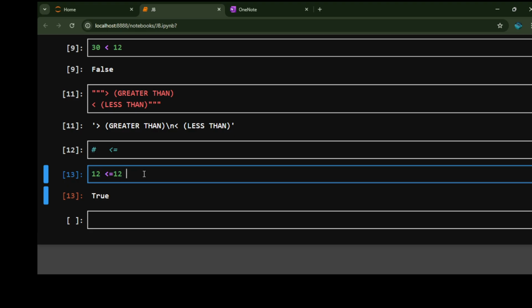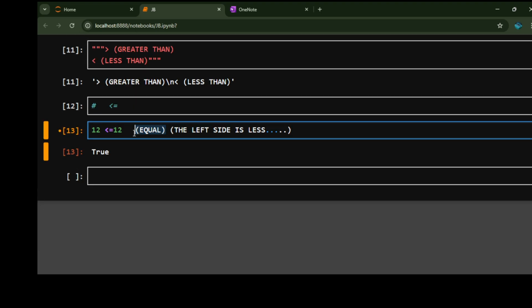It means in this case we have two conditions. Condition 1, if they are equal, and condition 2, if the left side is less than the right hand side value.